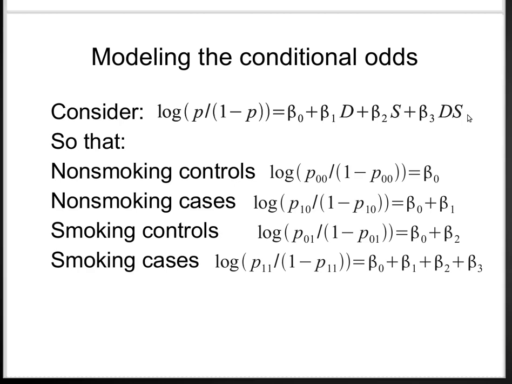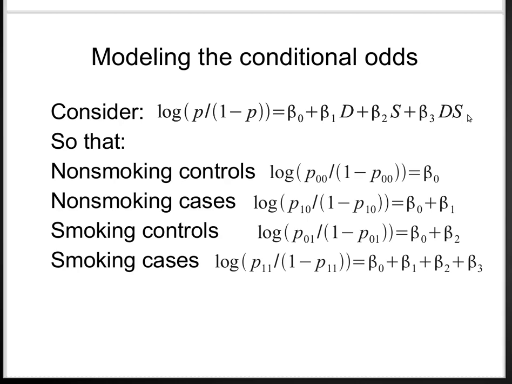It's the product of beta 3 and disease indicator and smoking indicator. That looks rather daunting. On the other hand, remember that D can only be 0 or 1, and S can only be 0 or 1. That means there's only 4 circumstances here. You might be thinking, that's way too much.